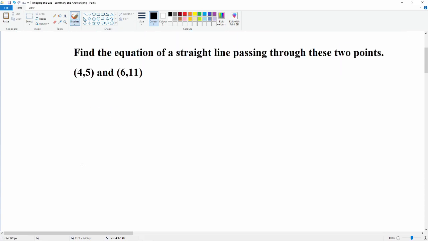Okay, so we know that y equals mx plus c. And we know that m is equal to delta y by delta x.